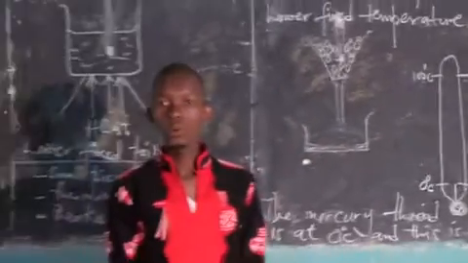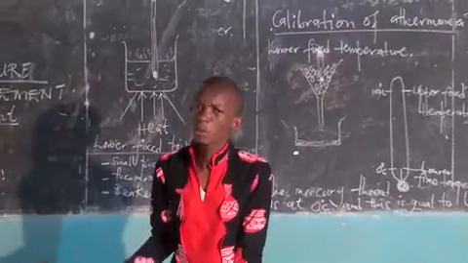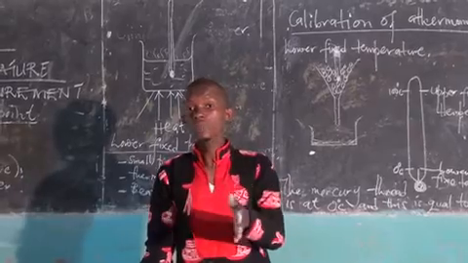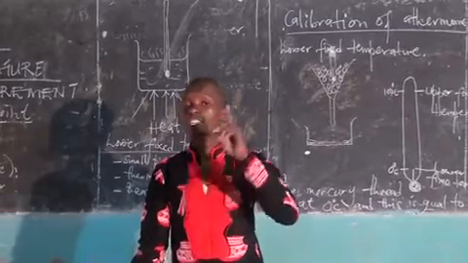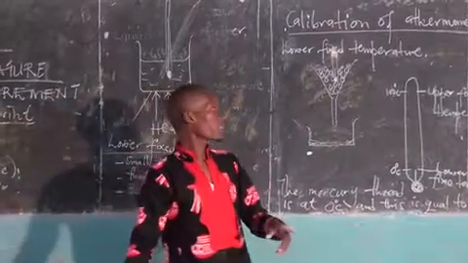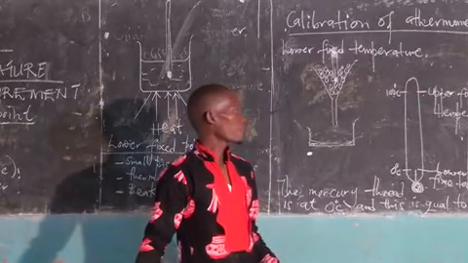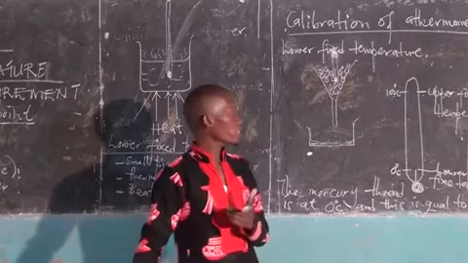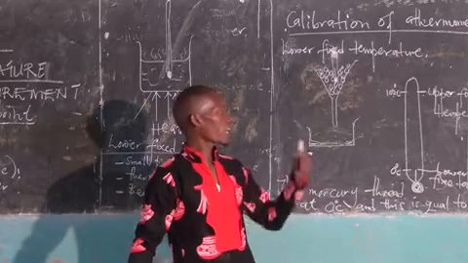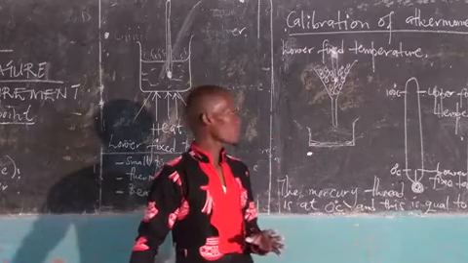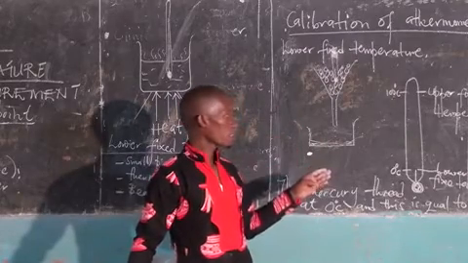From that, we know the temperature of the boiling water. If you identify that the temperature of the boiling water is what you call the upper fixed point, you just get to identify that when you boil that water, measure the temperature, and identify. You'll be able to know.